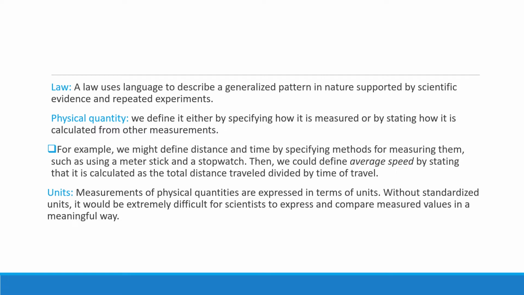Then we could define average speed by stating that it is calculated as the total distance traveled divided by time of travel. Units. Measurements of physical quantities are expressed in terms of units. Without a standardized unit, it would be extremely difficult for scientists to express and compare measured values in a meaningful way.